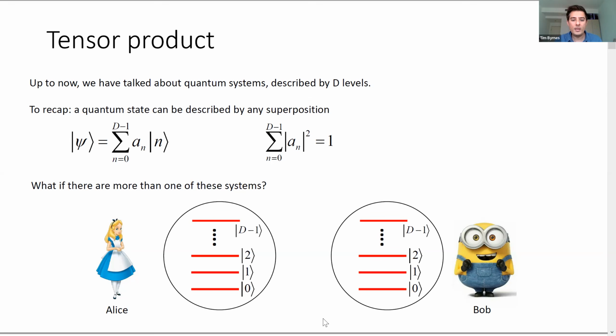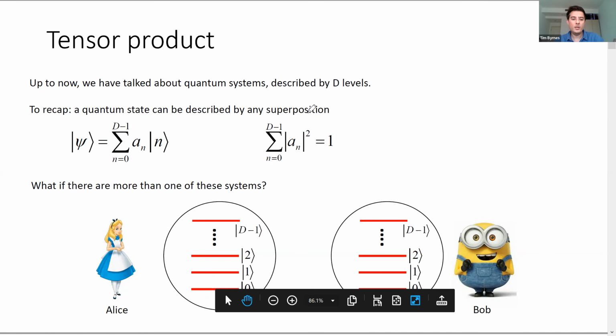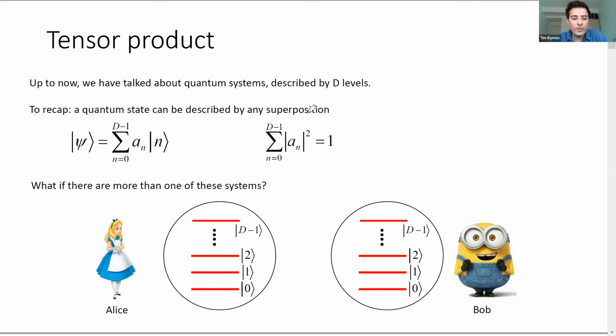And so the question now is, suppose we bring together two of these things. So now there are two of these d-level systems. We're going to bring in Alice and Bob as two people in possession of these two quantum systems, and see what happens when we combine these two things together.